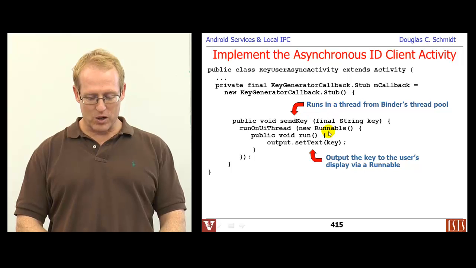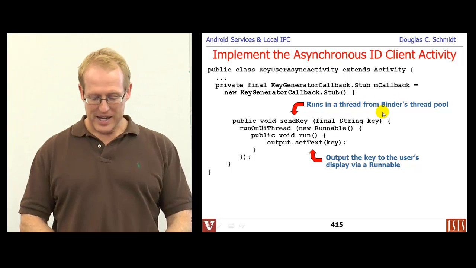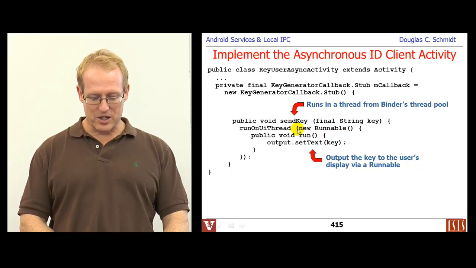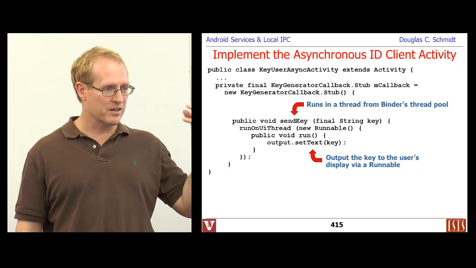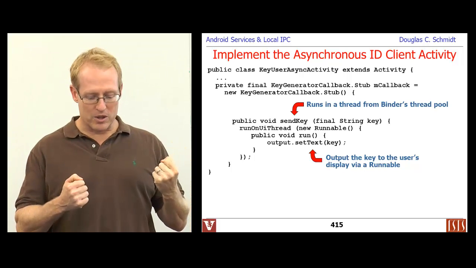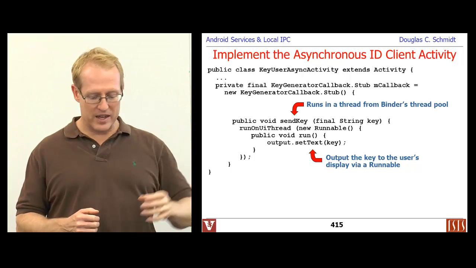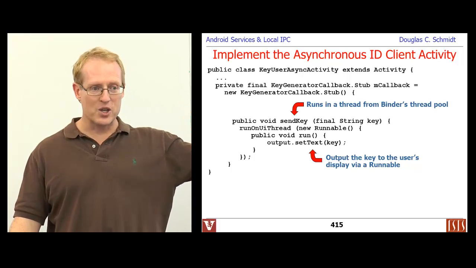So this guy's going to run in a thread from the activity binder's thread pool. And when he gets called back, he's going to go ahead and make a new runnable. Because remember, this guy's running in a separate thread now. He's not running in the main UI thread. He's running in a binder pool thread. He's going to go ahead and create a new runnable, give it a run method, which is going to go ahead and output the text when it runs on the UI thread.